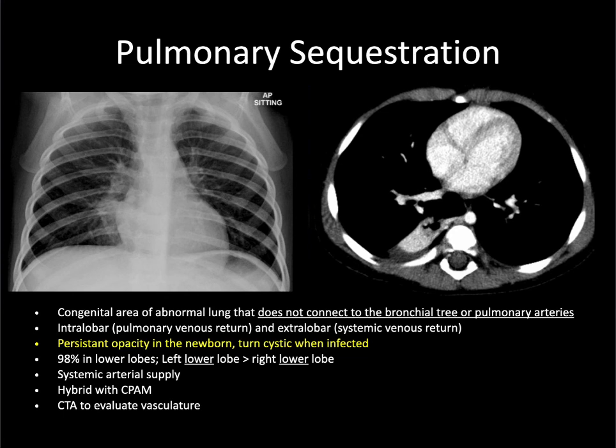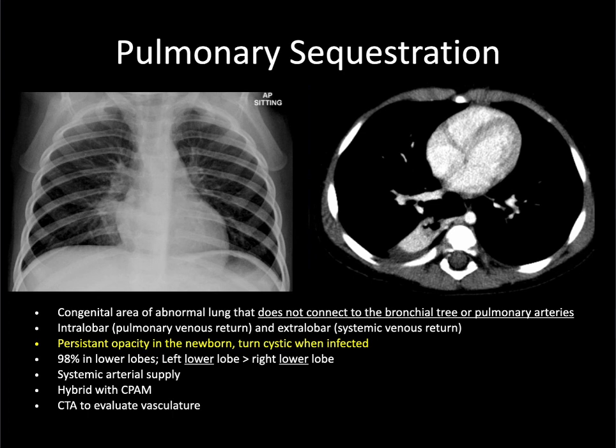And pulmonary sequestration is a congenital area of abnormal lung that does not connect to the bronchial tree or the pulmonary arteries. There are two types, the intralobar and the extralobar. With intralobar, the venous return stays in the pulmonary circulation, so you get pulmonary venous return. With extralobar, it's outside of the lungs, so the venous return is going to be systemic, usually into the IVC.